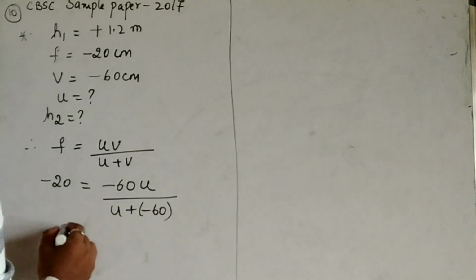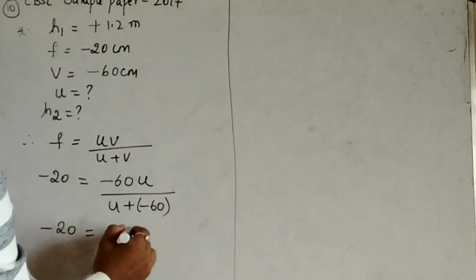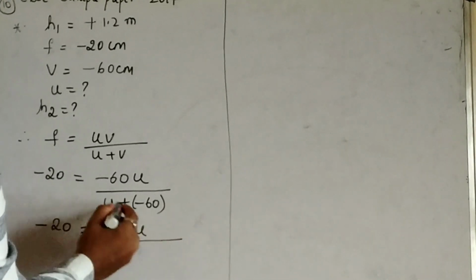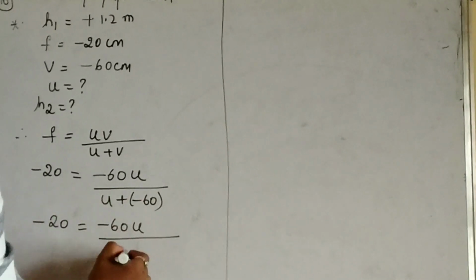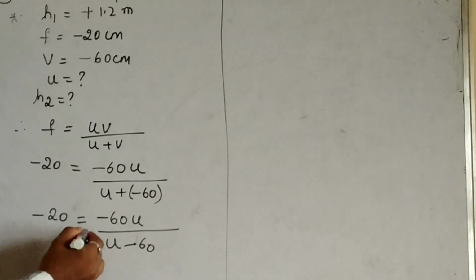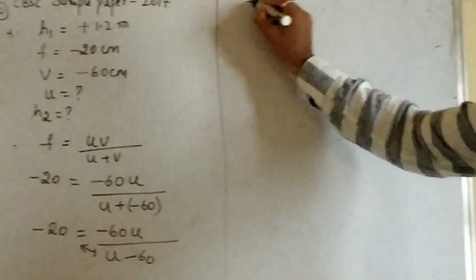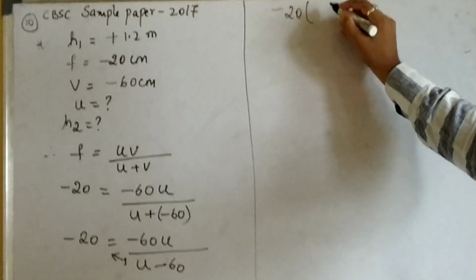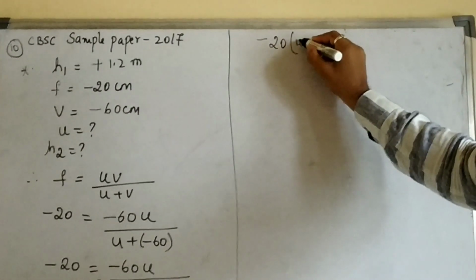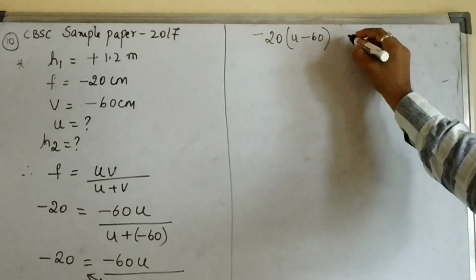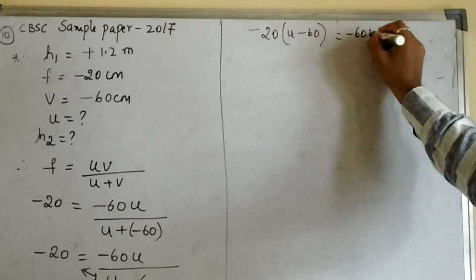Now what you will get? Minus 20 is equal to minus 60 u divided by u plus into minus, minus 60. Now cross multiply it. So what you will get? Minus 20 into u minus 60 is equal to minus 60u.